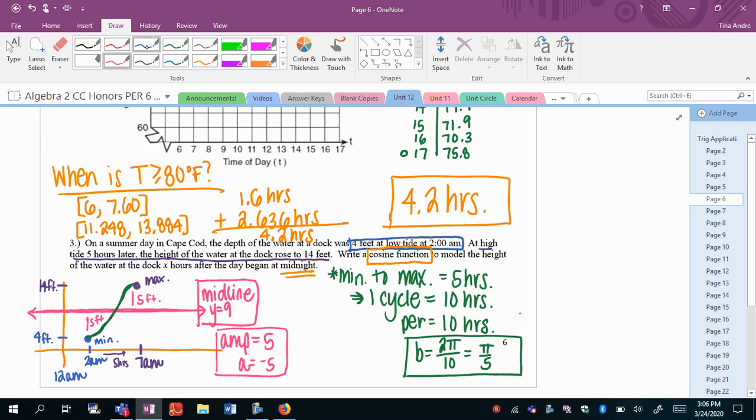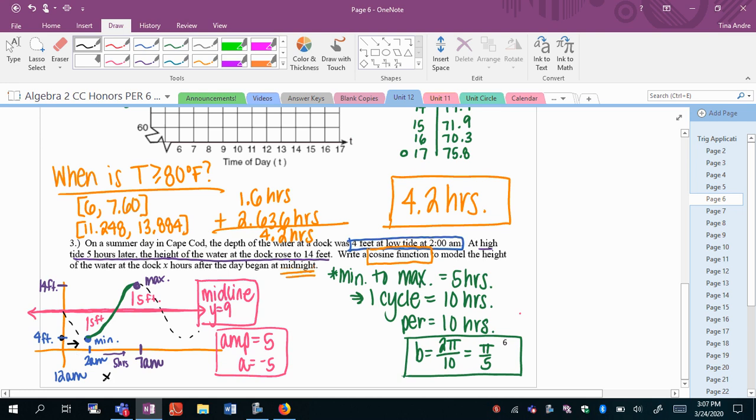So you might be thinking, well, why isn't it just a cosine curve, right? Because if you kind of imagine this continuing, it would look like a sine curve, right? Because sine would start on the midline. But since it says that we have to write this as a cosine function, we have to consider the shift that occurred, because normally cosine would have started right here, and it actually shifted.